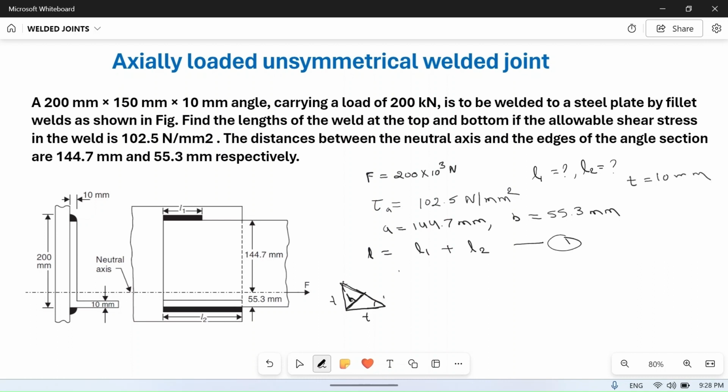Okay, so this is 45 degree, so sine 45 is equal to perpendicular by hypotenuse, so H upon T, so it will be equal to H by 10, so H will be equal to 10 sine 45, which will be equal to 0.707 into T. Okay, so this is equal to H.